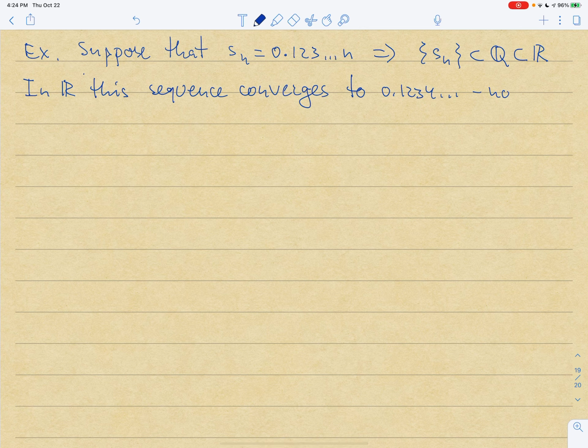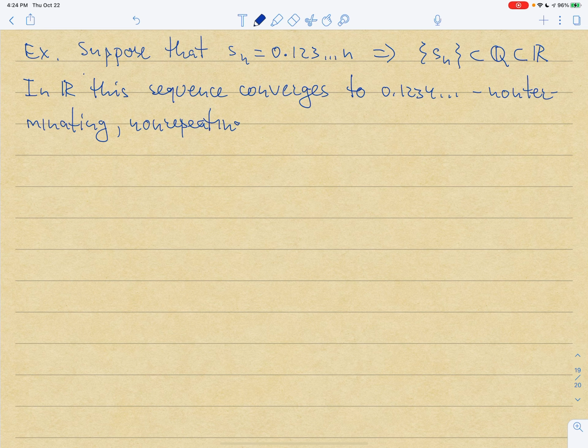So it's going to be an infinite decimal, which is neither terminating nor repeating, a non-repeating decimal. And so therefore, Sn converges to an irrational number in the set of all reals.